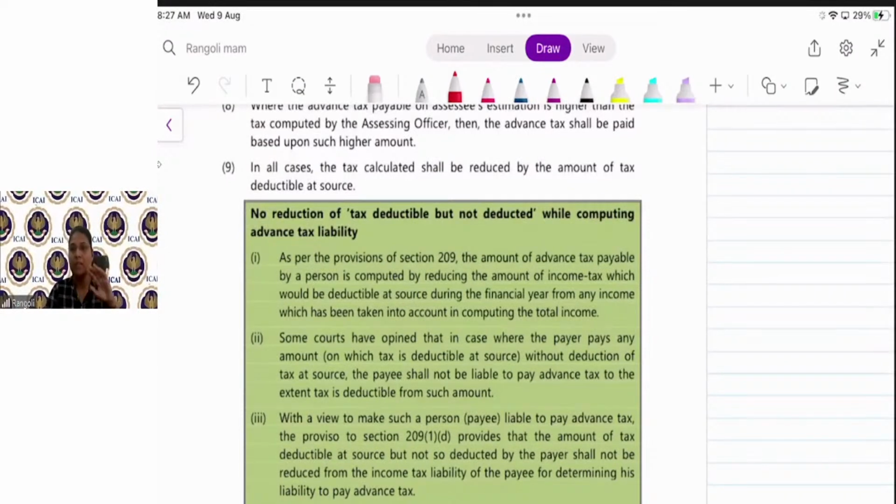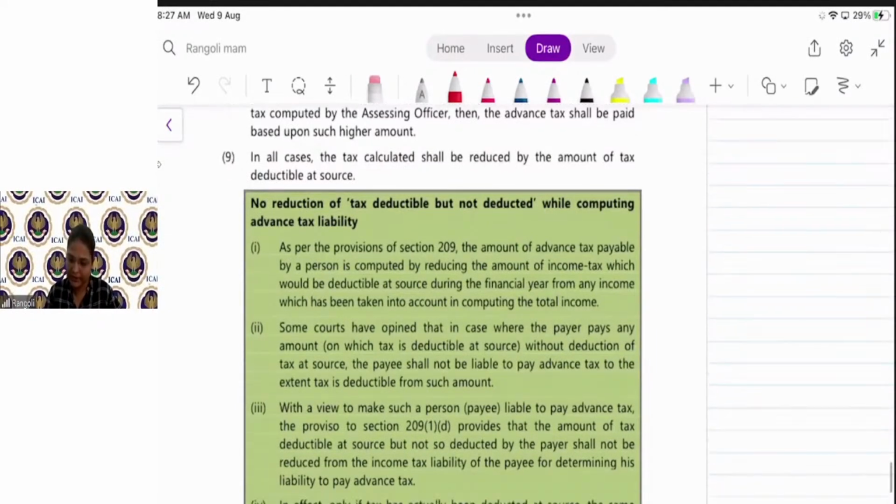If the payer has not deducted or not deposited the TDS, it is your responsibility to pay tax on your income. So say for example, on my professional services the payer was required to deduct TDS, but he has not deducted it. So I cannot reduce that TDS from my estimated tax liability.